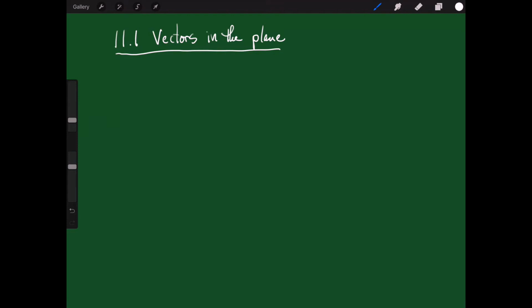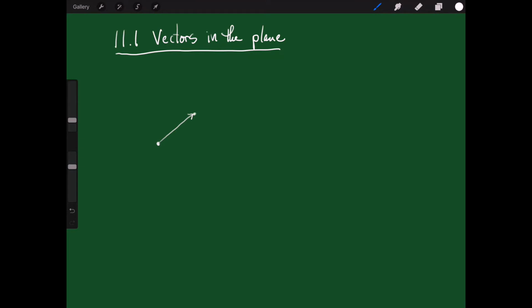The very first thing I want to do is go over what a vector is. Maybe the most simple thing I could say about a vector is let's start with a point, and we could just draw an arrow going out from that point to another point.